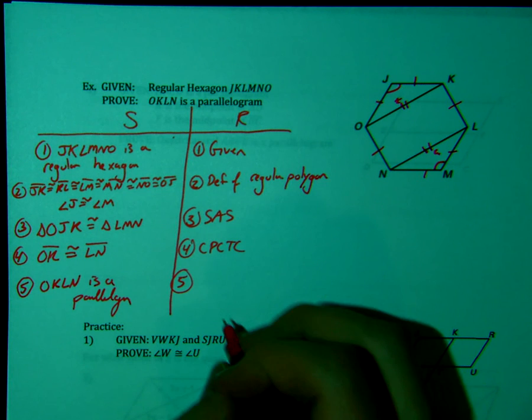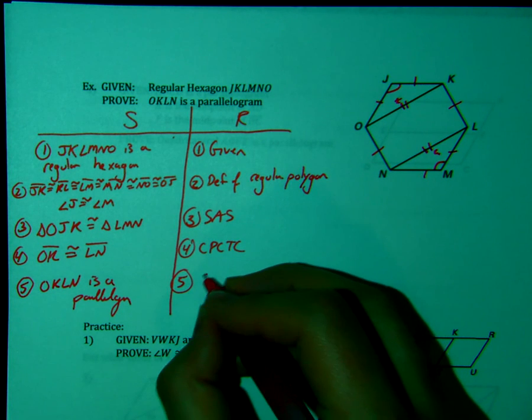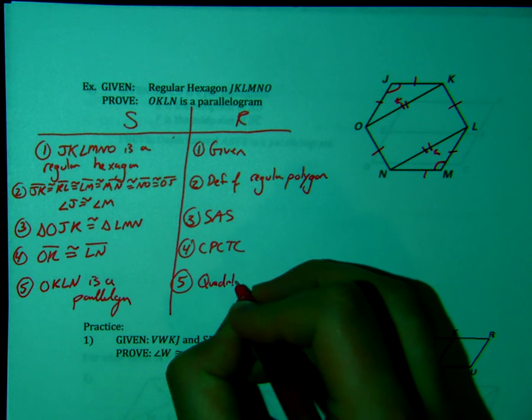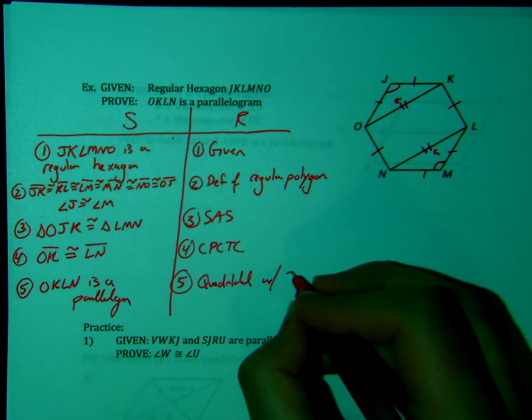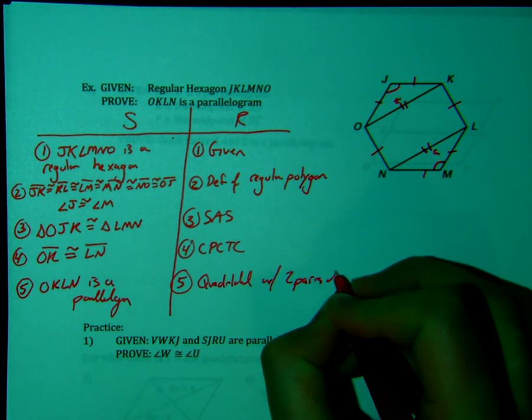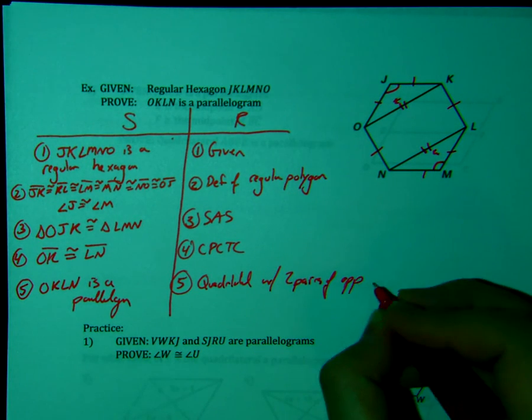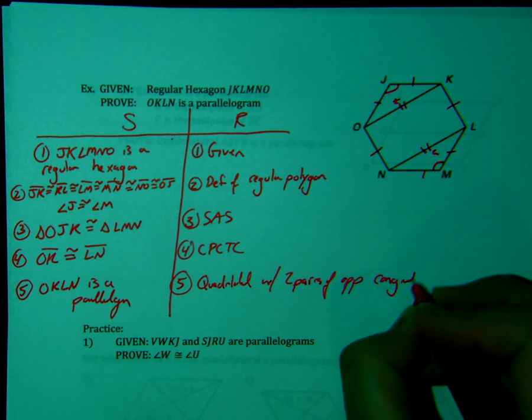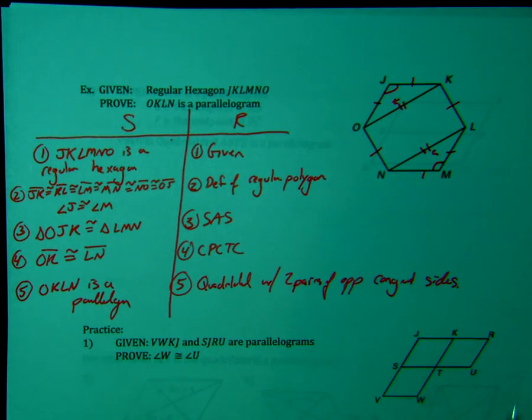It's totally fine for you to say that this is a parallelogram because it is a quadrilateral with two pairs of opposite congruent sides. Okay, so if you just say that, that's perfect. Please don't call it 8.7. We don't have time to memorize every number in the book.